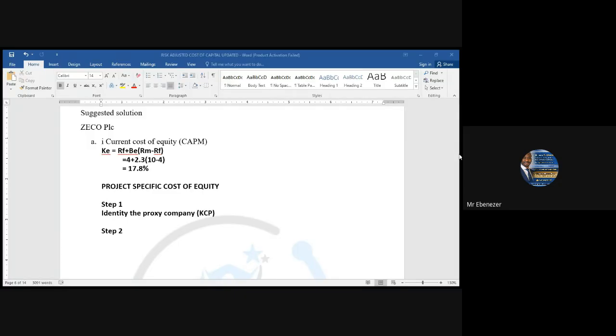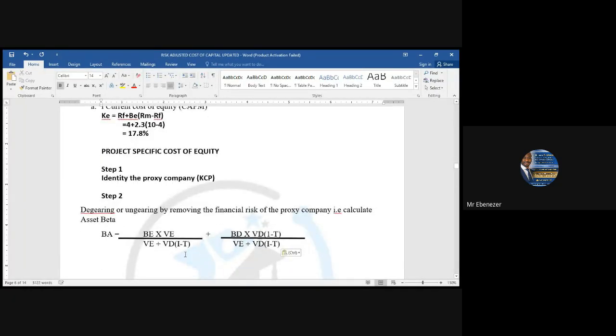If you don't know the gearing formula, just say remove the financial risk of the proxy company. That is, calculate the asset beta. Use something that will be very easy for you to understand.